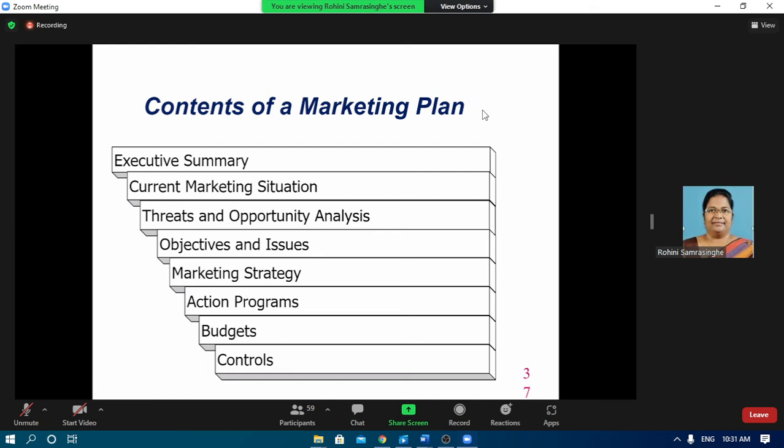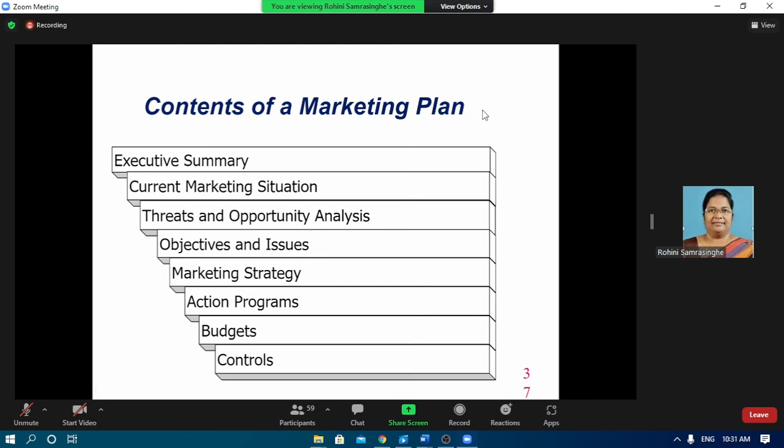It supports marketing managers or the top management to do a quick analysis or get a quick understanding of what the plan is about. So what are the key points relating to this particular plan? What are the key objectives? What may be the key strategies of this particular plan? So everything we put in the executive summary, right?